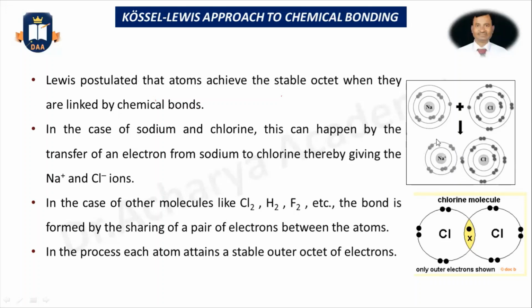In this case, you can see that the sodium cation, Na plus, also has an octet, that means 8 electrons in its outer shell, 1, 2, 3, 4, 5, 6, 7, 8. And the chlorine anion, Cl minus, by accepting 1 electron, also gets an octet, that means 8 electrons in its outer shell, 1, 2, 3, 4, 5, 6, 7, 8.